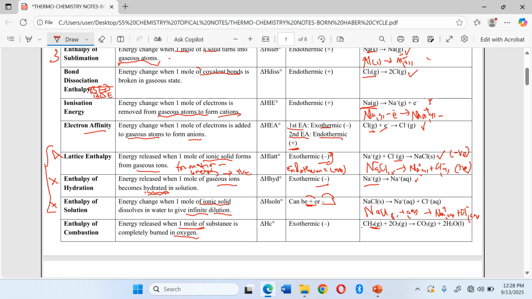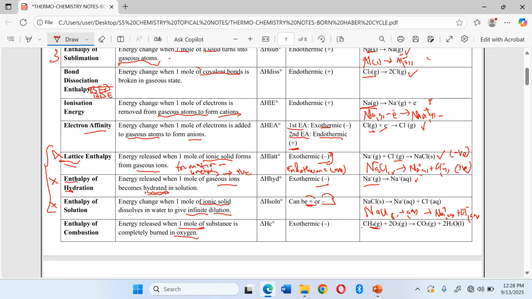Hope we are moving together. Please, as I said, wait until the end. You don't want to miss the potential energy diagram relating the lattice energy, the enthalpy of hydration and the enthalpy of solution.